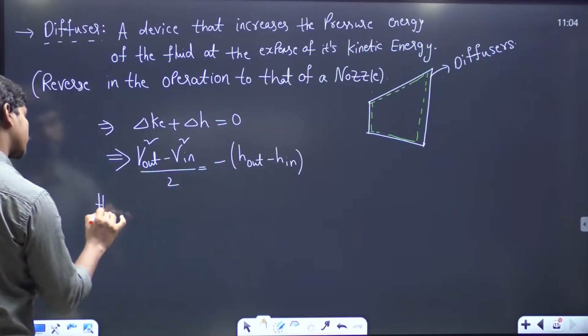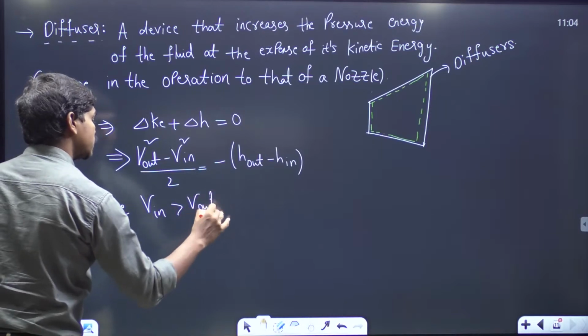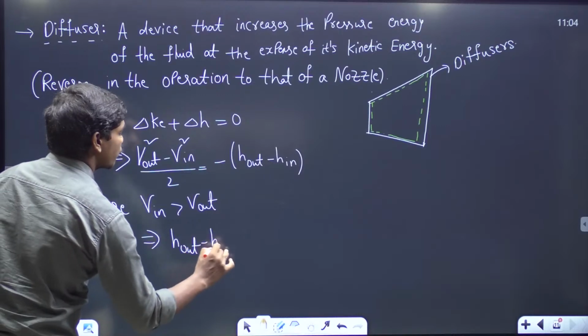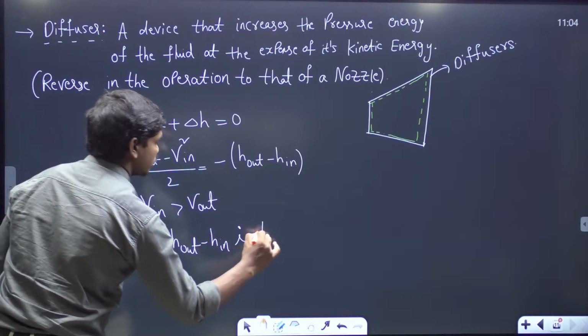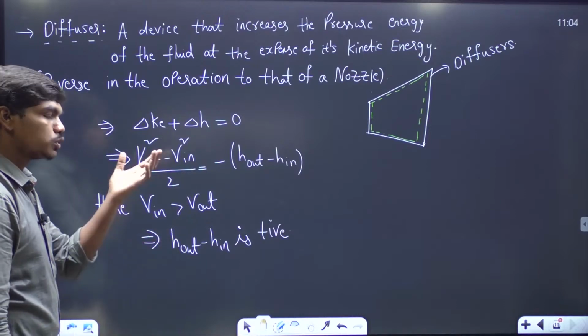And here V inlet is greater than V outlet, which means H out minus H in is positive, because the main purpose of the diffuser is to decrease the velocity.